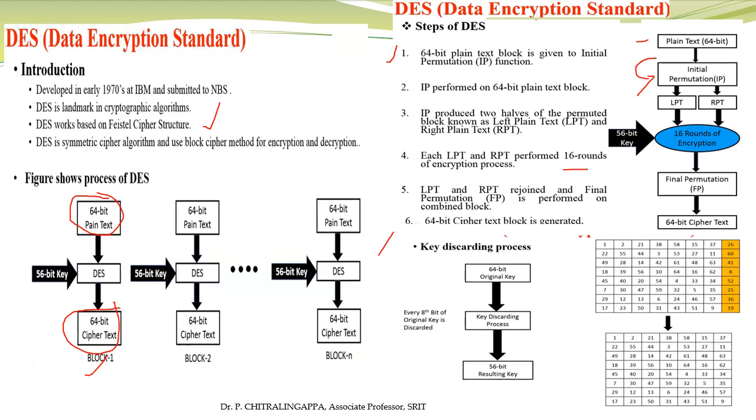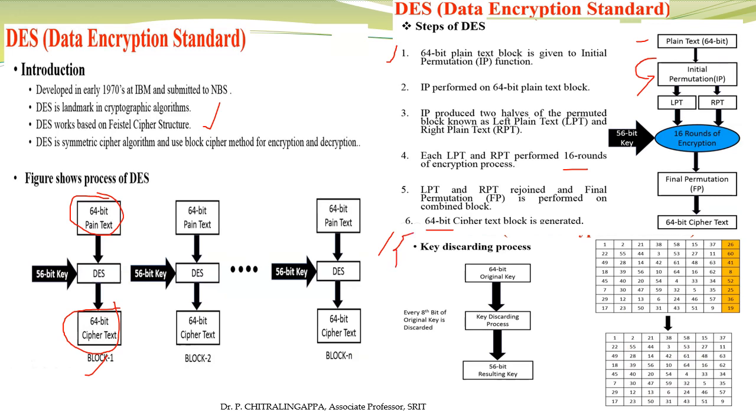After that, the left and right are rejoined, and finally we get the final permutation as a combined block. Then the 64-bit ciphertext is generated. Before that, we apply the key discarding process.